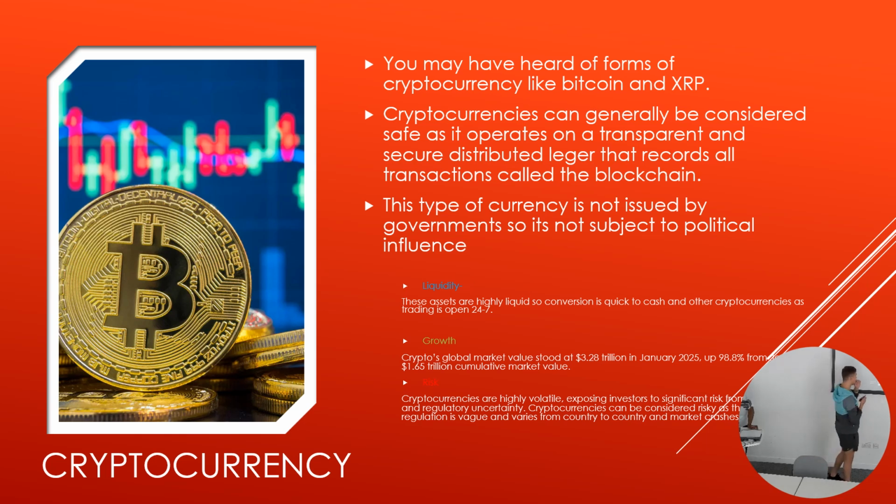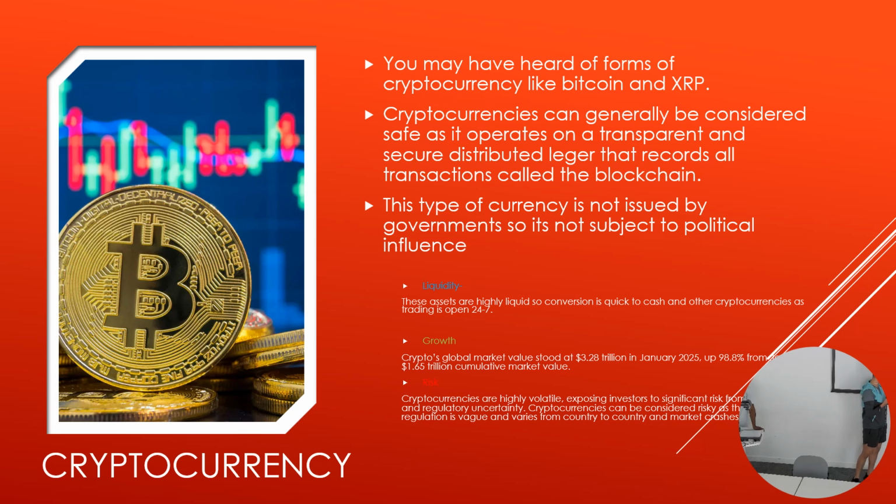With regard to liquidity, the assets are highly liquid, so conversion to cash is quick, and trading is open 24/7. For growth, crypto's global market value stood at 3.28 trillion in January 2025, up 98.8% from 1.65 trillion.